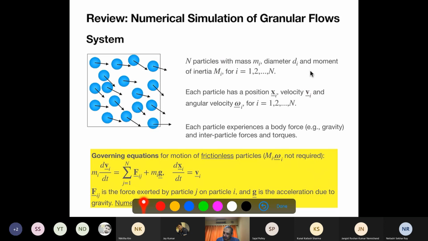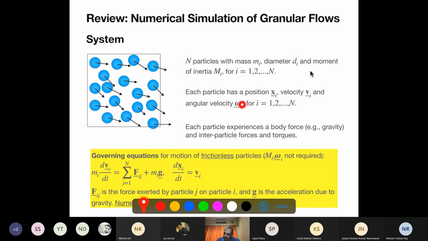Their position, velocity, and angular velocities are given at the initial time. And then there are forces acting on the particle like gravity, and then interparticle forces, and if you have friction, then torques also. So we are developing equations initially only for frictionless particles.